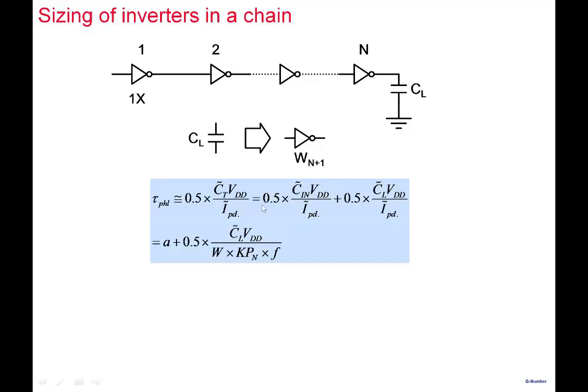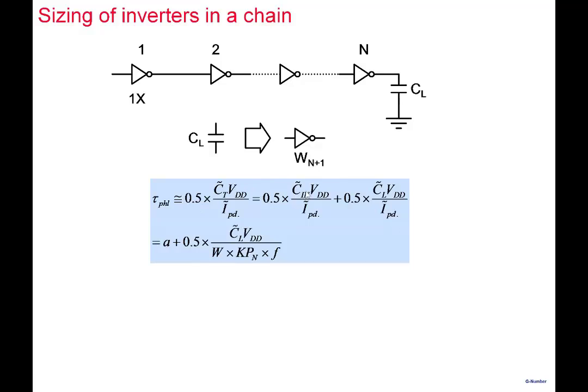And the first part is what we have been calling the intrinsic delay of an inverter. And what we have been saying is, to the first order approximation, any analytical calculation that I do would be based on assumptions. So what we are saying is that this part is a constant A, which is the intrinsic delay of an inverter, independent of the size.